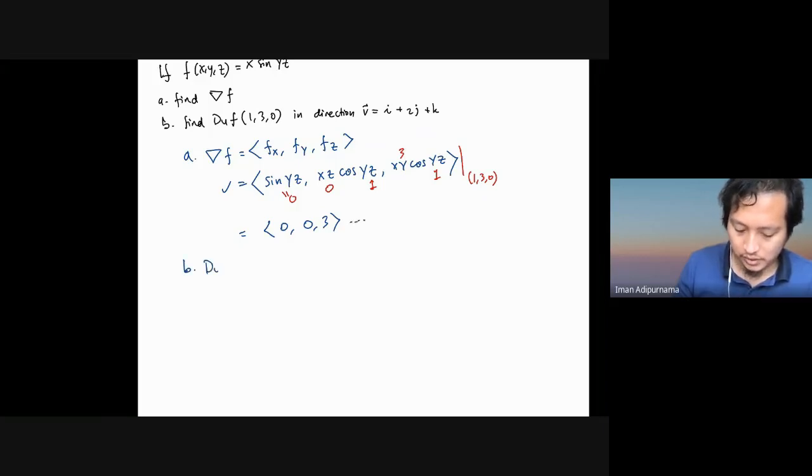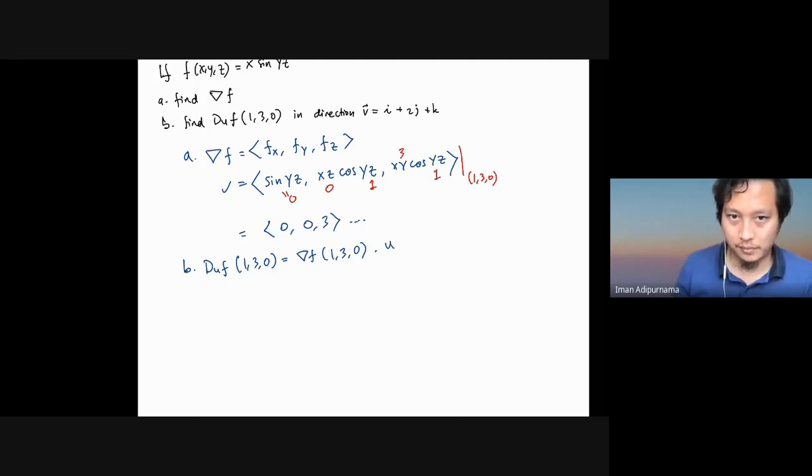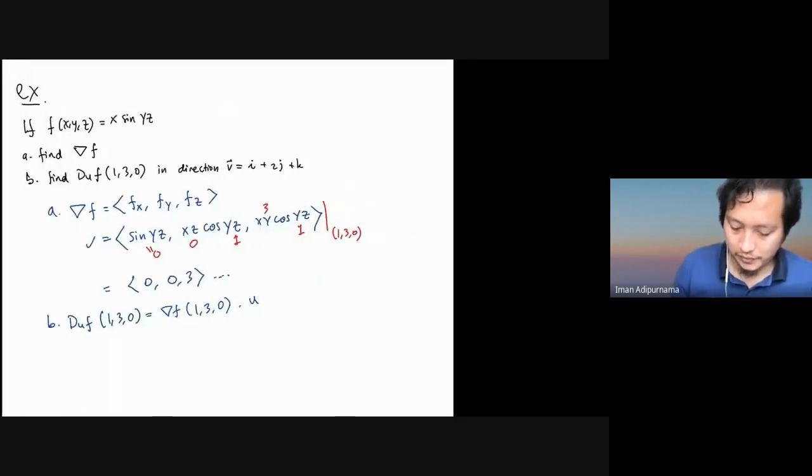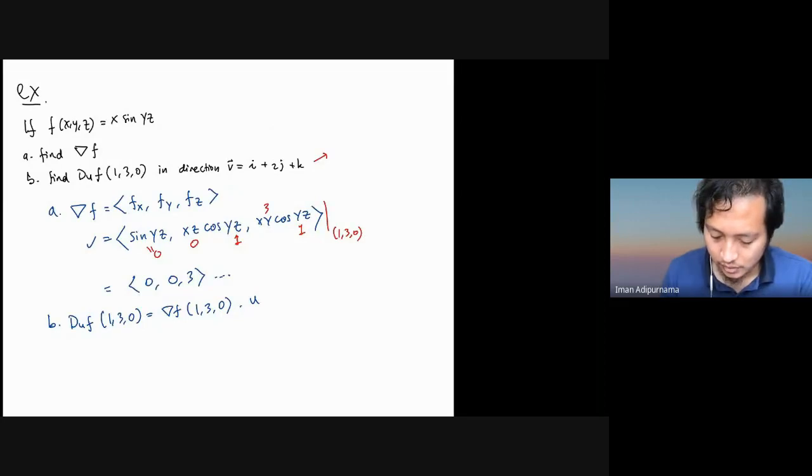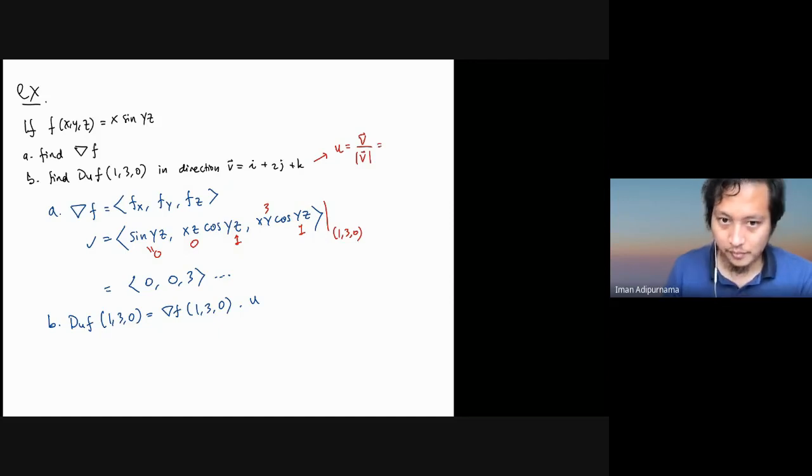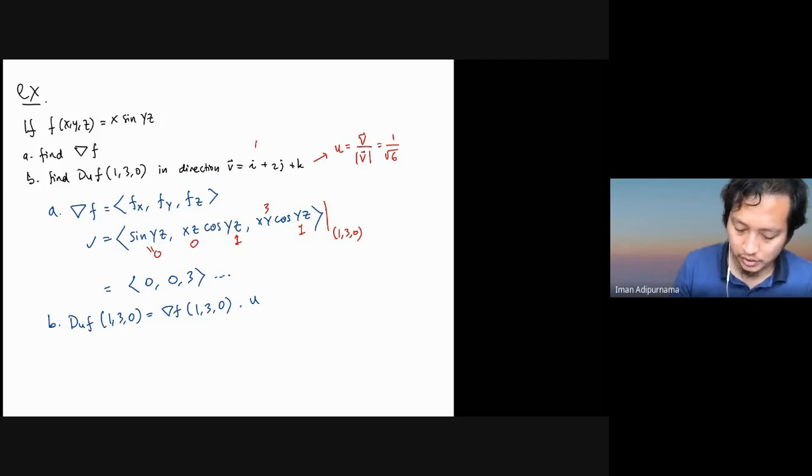So next is the directional derivative at 1, 3, 0. And we have this vector first. We find the unit vector. It's 1 over square root of 6, because it's 1 plus, so it's square root of 6, right?